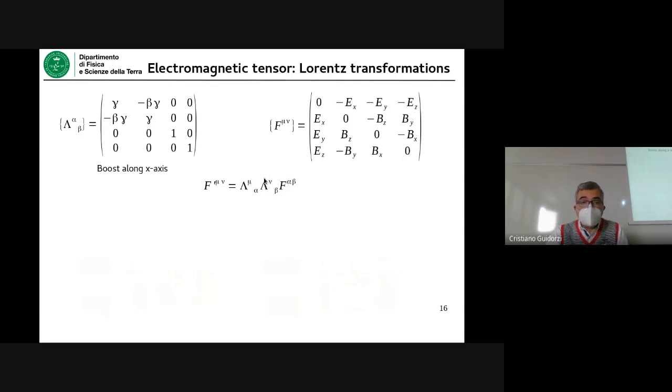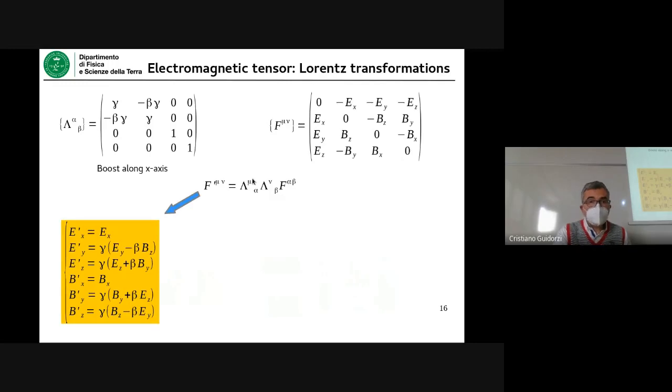For example, you can exploit the fact that the Lorentz transformation matrix is a symmetric one, so you can swap the two indices. So you do this times this. You make sure that you combine the column index with the corresponding row index, and then you have two matrix multiplications. I invite you to verify that the result is this one.